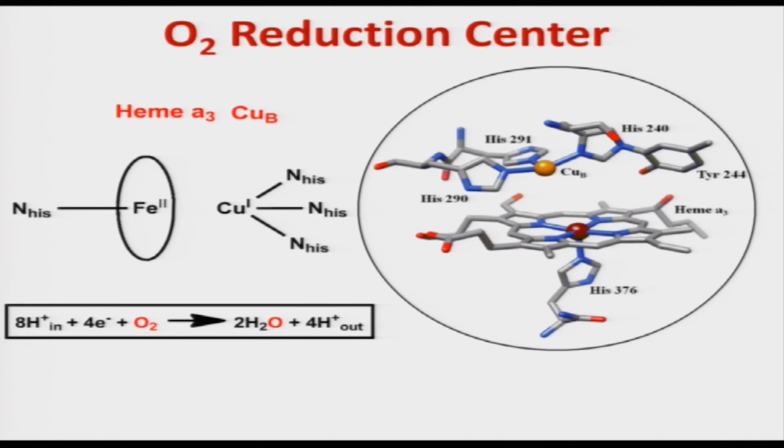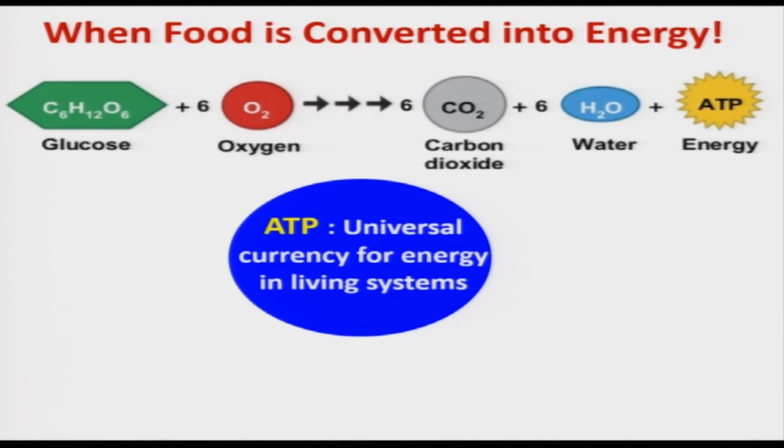However, this releases a huge amount of energy. What happens when food is converted into energy? When a huge amount of energy is released out of respiration, ATP stores the energy. ATP, adenosine triphosphate, is a universal currency for energy in living systems.